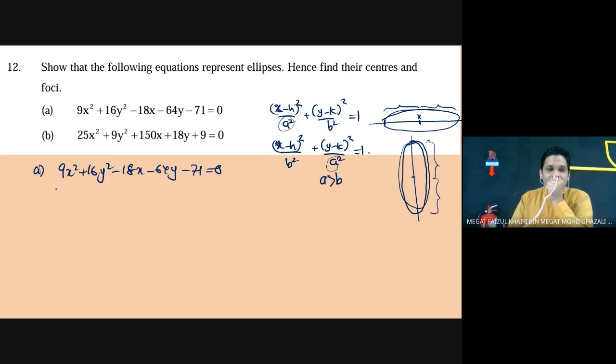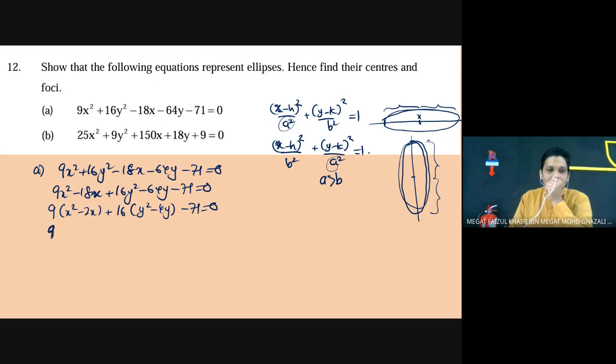So we are going to come up with 9x squared minus 18x plus 16y squared minus 64y minus 71 equal to 0.